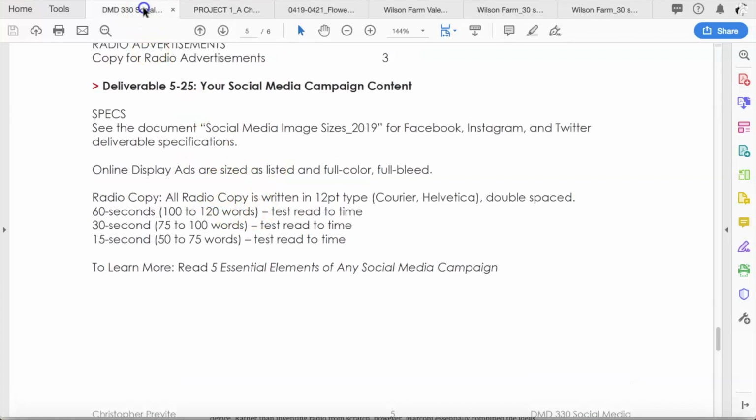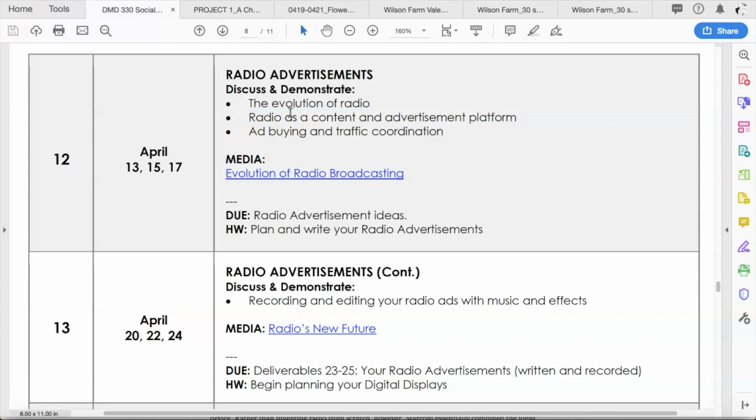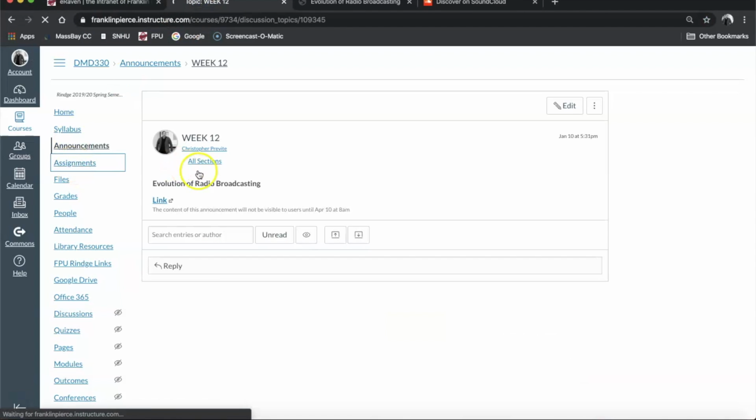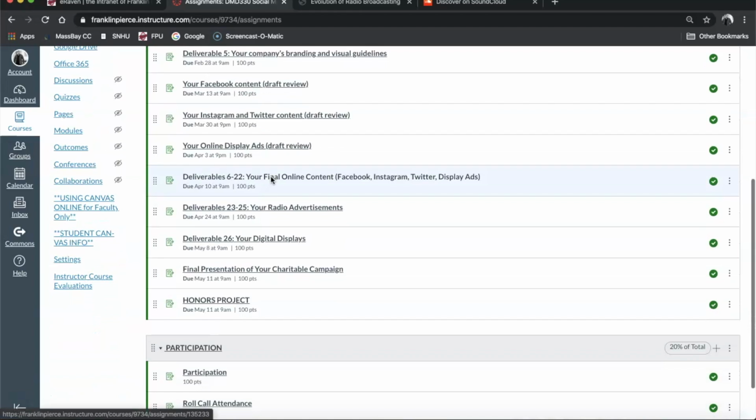But let's go back to the syllabus for a second just so we can talk about deadlines. So you'll see here that this week, all that is due is your radio advertisement ideas, meaning that when you go over to Canvas and go to assignments, you'll see that there is a place to turn in your radio advertisement right here, deliverables 23 through 25. Now, the final is not due for a while, but you can still use this space in Canvas to upload your ideas.